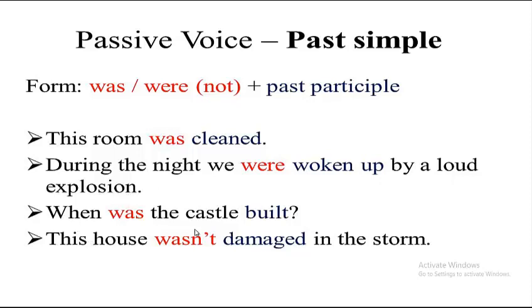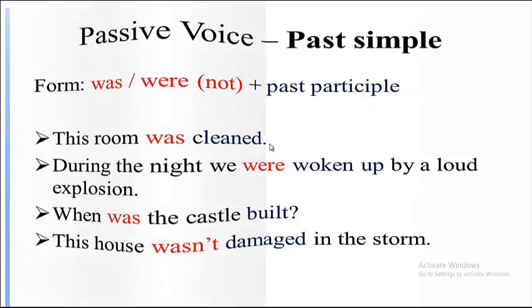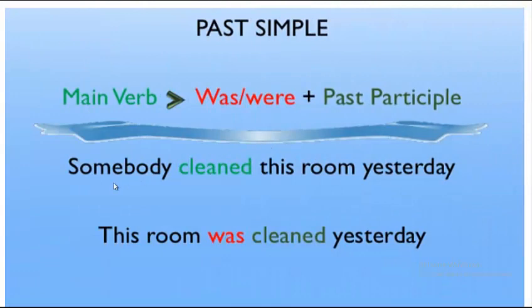When was the castle built? This house wasn't damaged in the storm. So we start with the object followed by verb to be in the past, then followed by the past participle. For example, somebody cleaned this room yesterday.